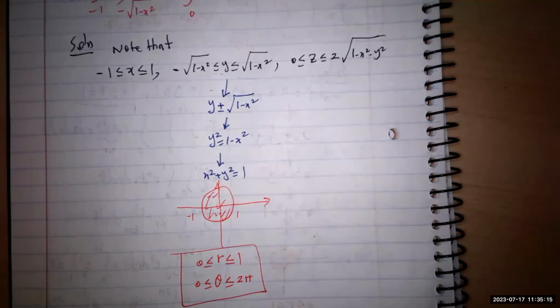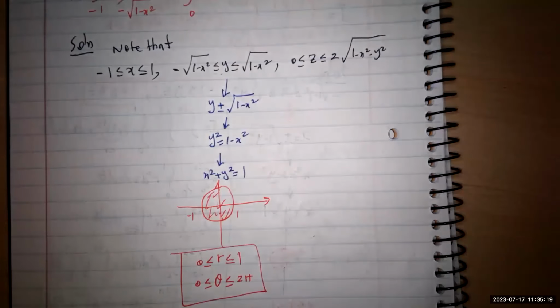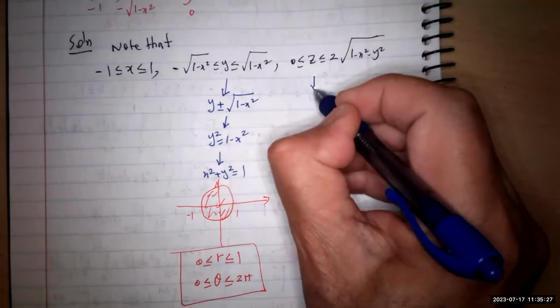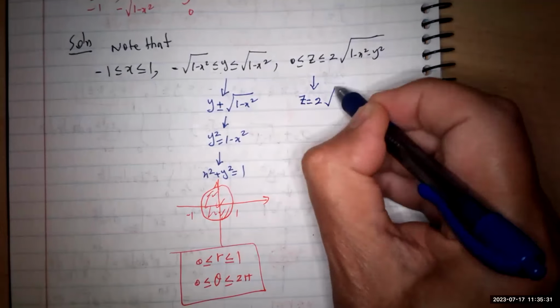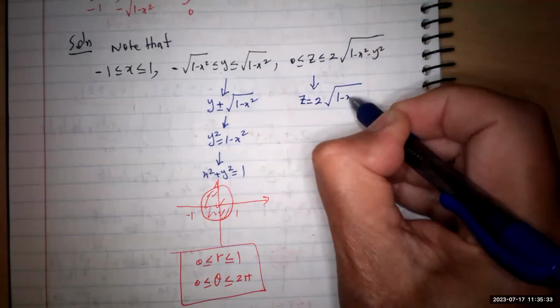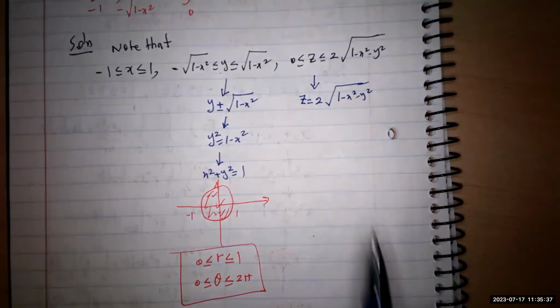Because it's not a fixed number, and you integrate with respect to z first, it is in terms of x and y. So you have to change it in terms of r and theta. We start from this part. We get the z. Z is equal to 2 square root of 1 minus x squared minus y squared. This is going to be your z.